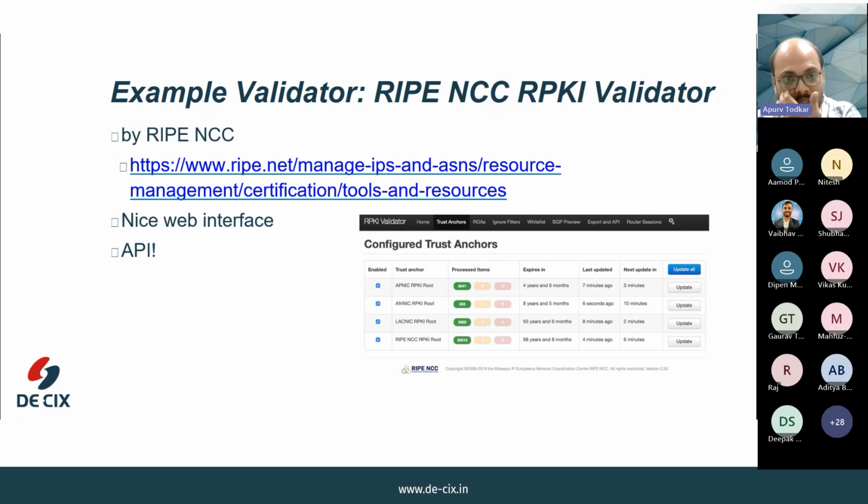The only downside for the RIPE NCC validator is that it consumes more memory when compared to Routinator. It's a great software if you want to have some diversity in your network, but depending upon your choice, whichever you want to deploy, you can deploy. Both work fine within the network.